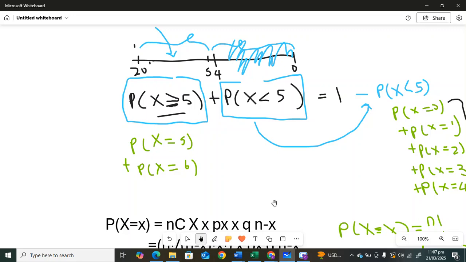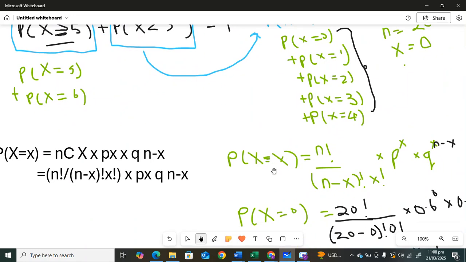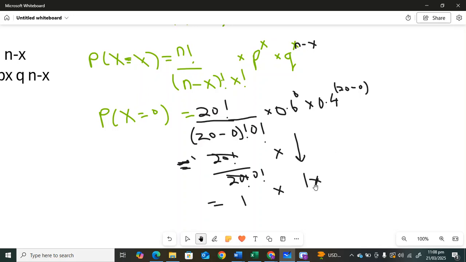What is 0.4 to the power 20? Haven't you got an e to the power negative 8?